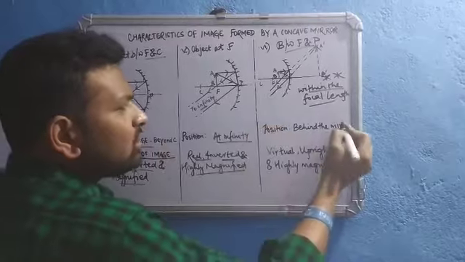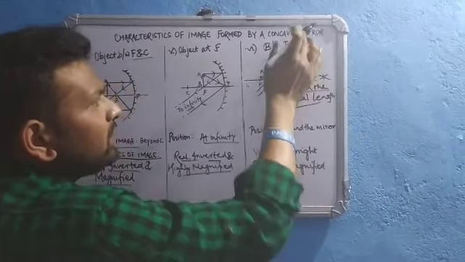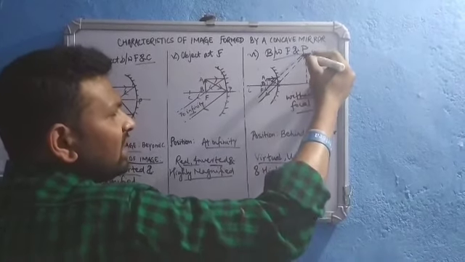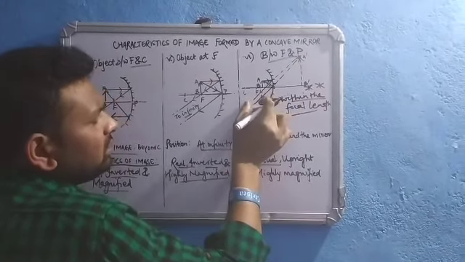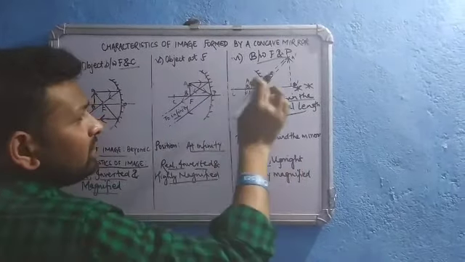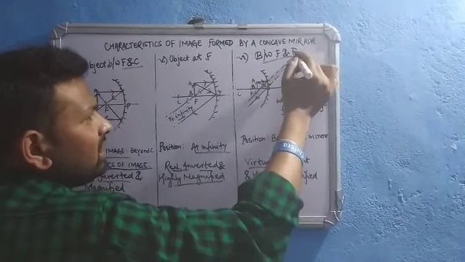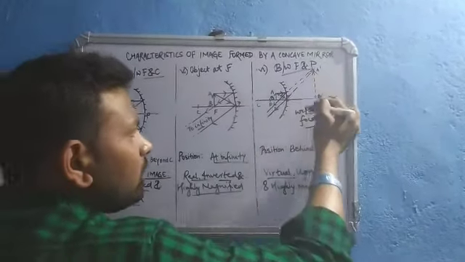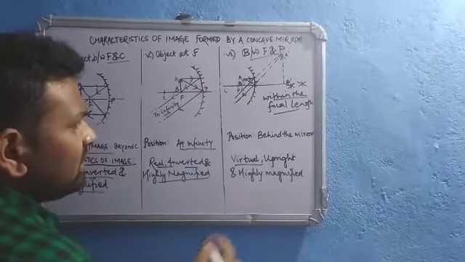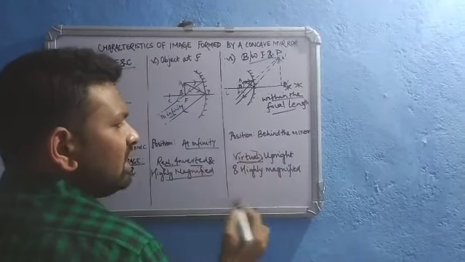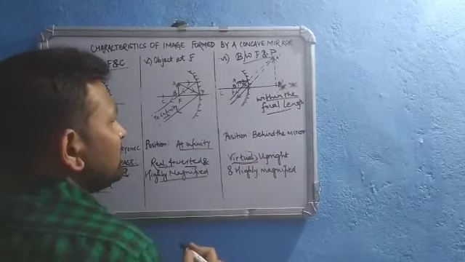This is the only case where a concave mirror produces a virtual image. Why virtual image? You can see the light rays are not actually meeting at a point, but they appear to meet, isn't it? We have brought this ray backward and an image is formed here. So the image is not formed by the actual intersection of the light rays. This type of image is called a virtual image, and it is shown by a dashed line, as you can see.